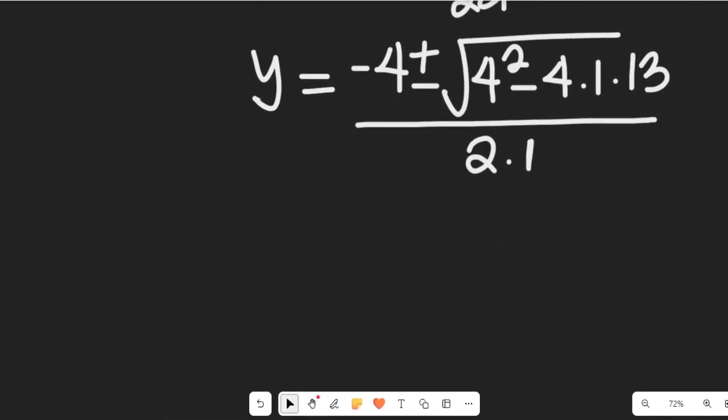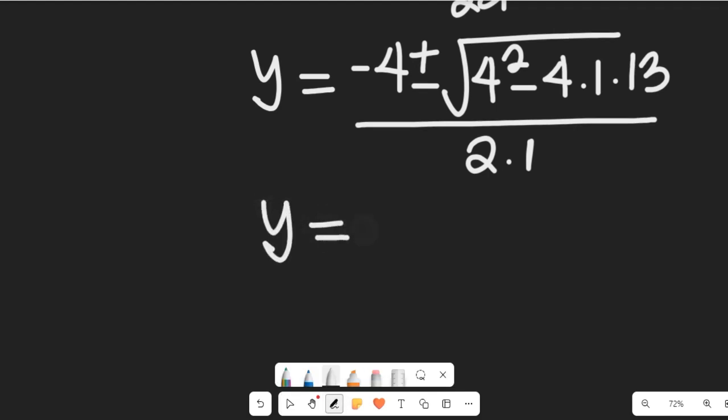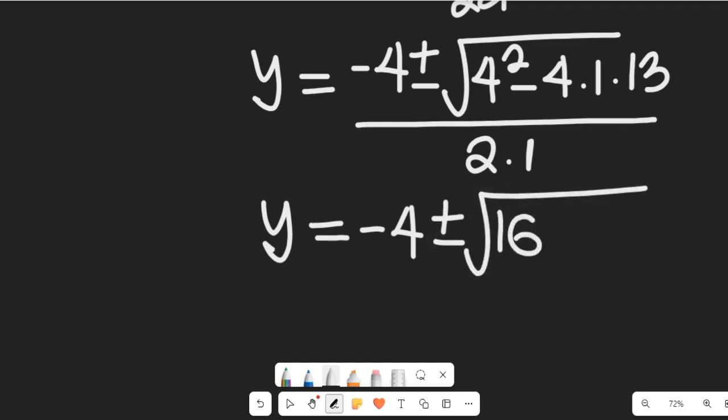So what will this expression give us? Our y will be equal to negative 4 plus or minus the square root of 4 times 4, which is going to give us 16, minus 4 times 1 is 4, times 13 is going to give me 52, right?